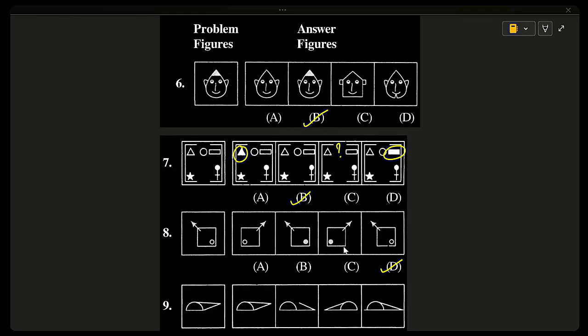Going to the next part, part 3. Let's go through the directions first.